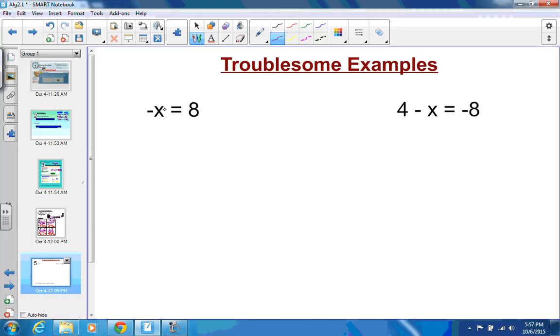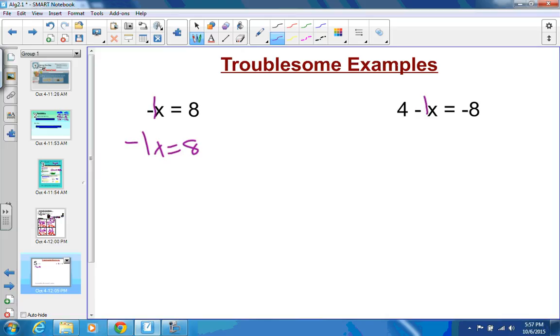But before we do that, if you ever have a minus x or a negative 1 or negative x, always stick a 1 in there. You can always stick a 1 in front of a variable if there is no number in front of a variable. So now we have negative 1x equals 8. And really, in this one, I'm going to do the same thing. This will actually turn it into a two-step equation.